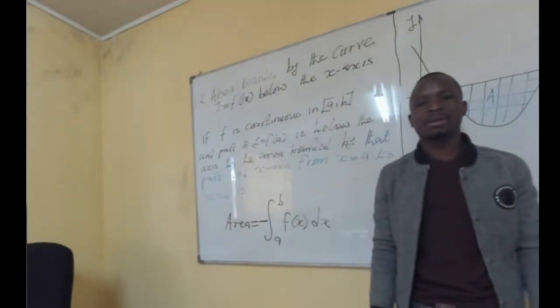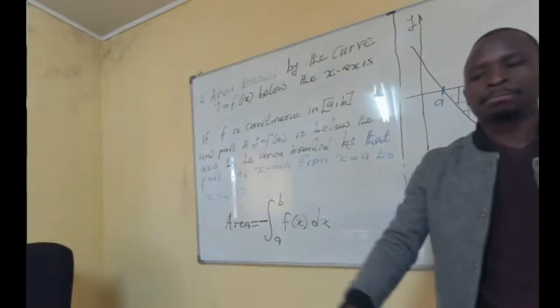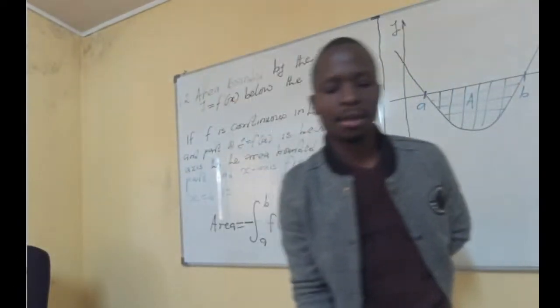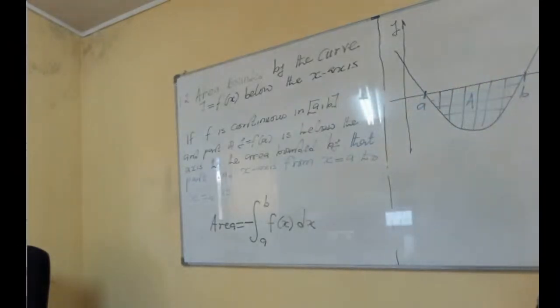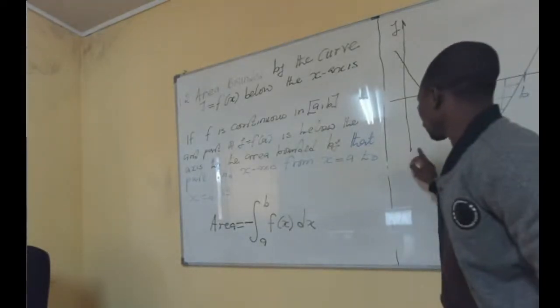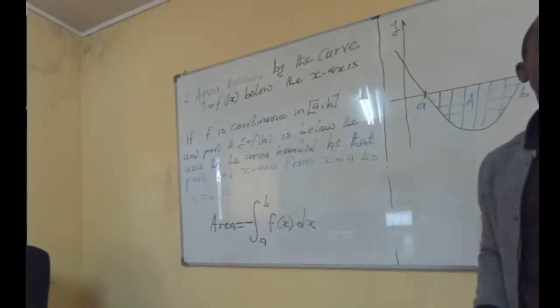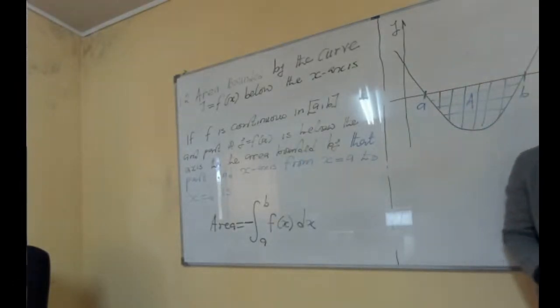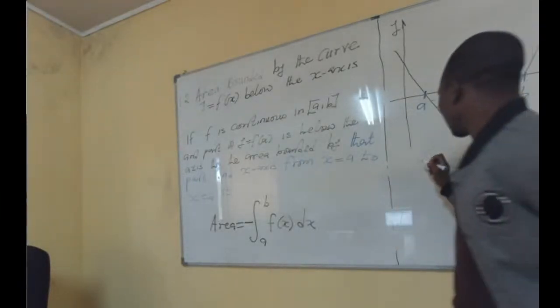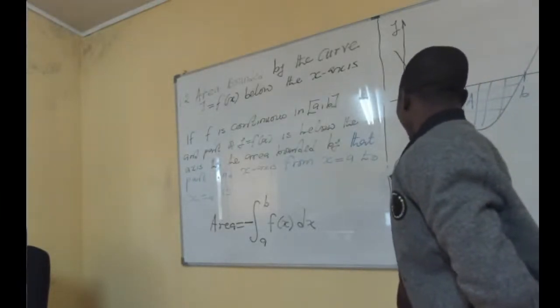Okay, so let's look at some examples that involve the area of a region bounded by the curve and the x-axis. This is example number 5 from our notes.